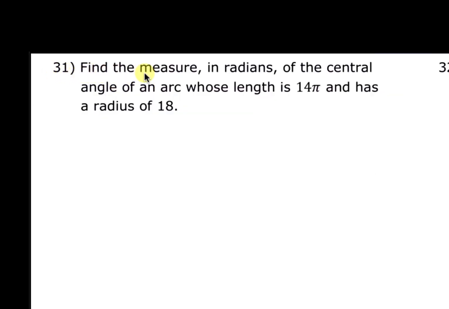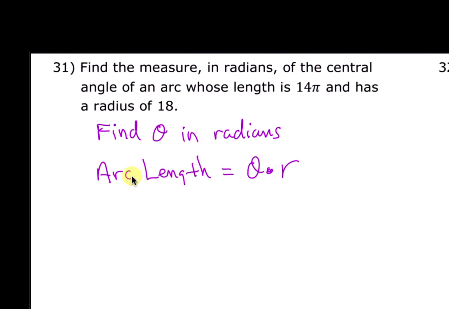Okay, for number 31, it says find the measure in radians of the central angle of an arc whose length is 14 pi and has a radius of 18. So we're trying to find theta in radians, that is the arc measure in radians. Now the arc length is equal to the arc measure times the radius, that is the formula in radians.